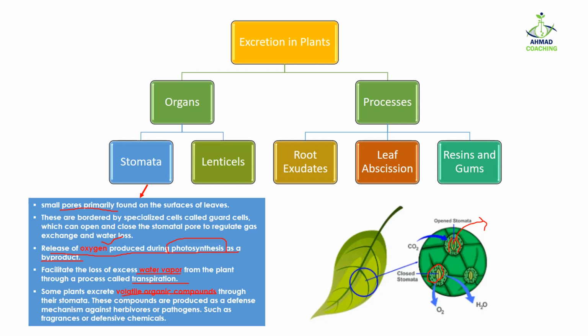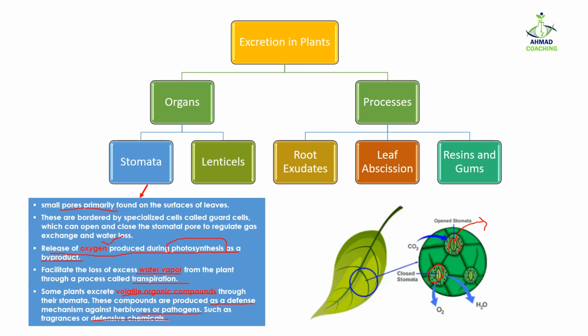These are also produced during different metabolic processes and are not required by the plants, so they are removed through the stomata. These compounds are produced as a defense mechanism against herbivores or pathogens, such as fragrances or defense chemicals.